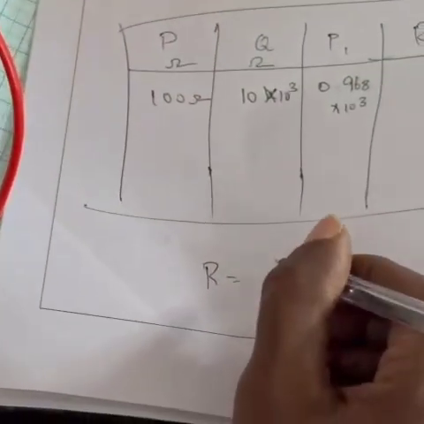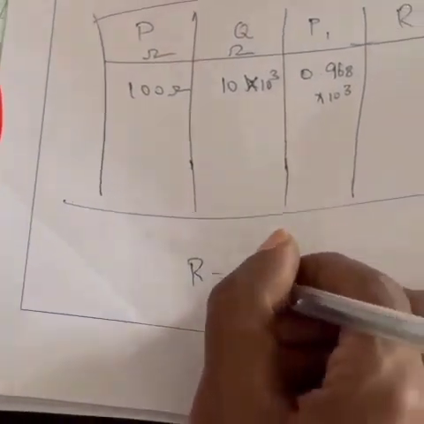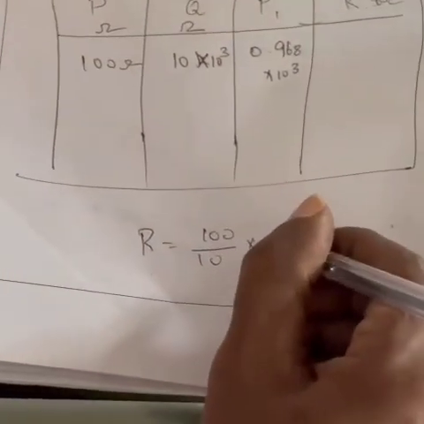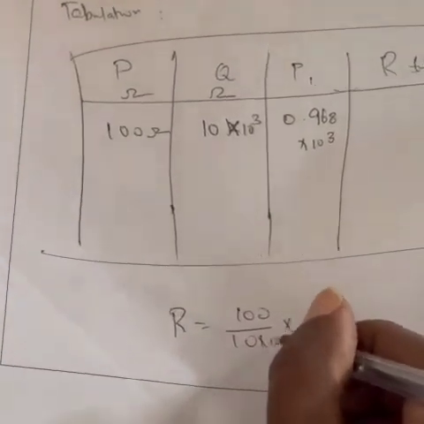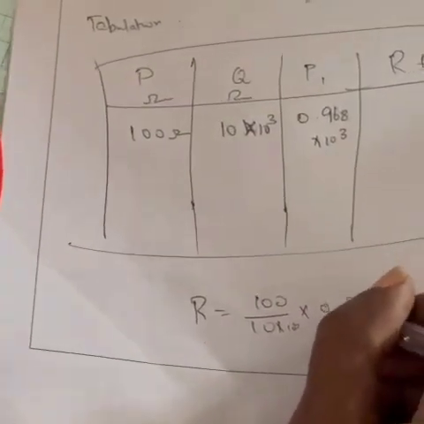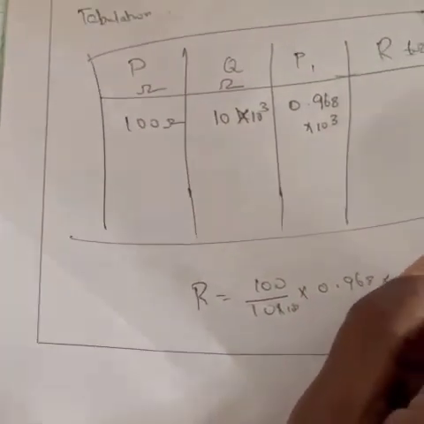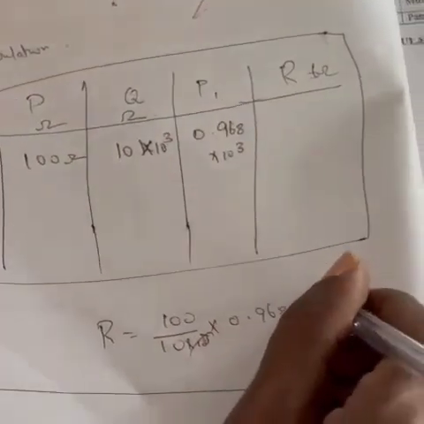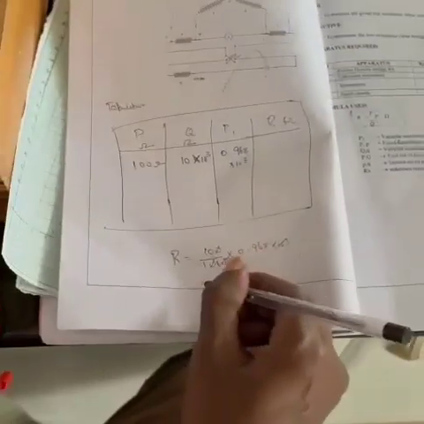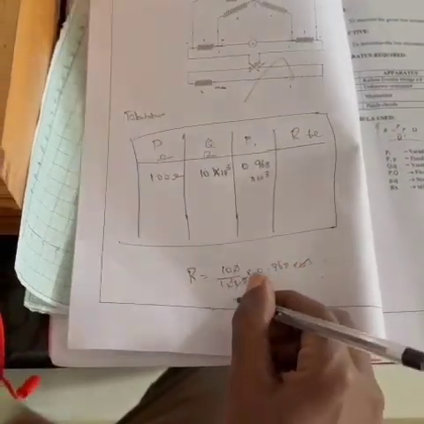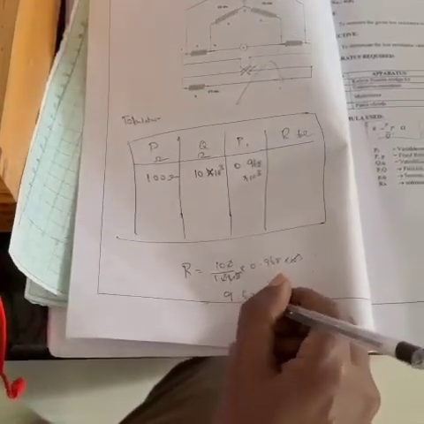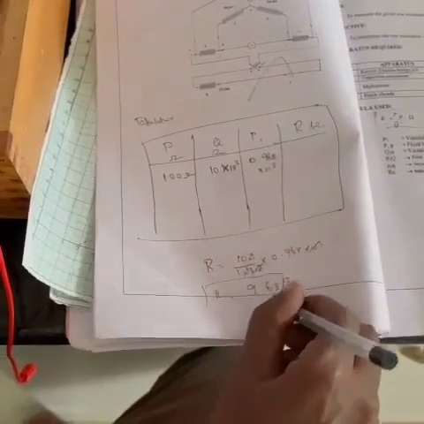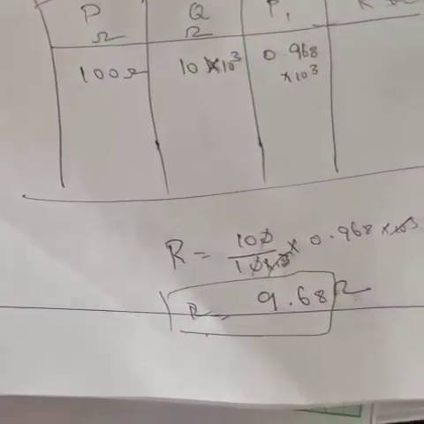R is equal to P is 100, Q is 10 into 10 power 3, and P1 is 0.968 into 10 power 3. So this 10 power 3 will get cancelled. The value would be 9.68 ohm, which is approximately a 10 ohm resistance.